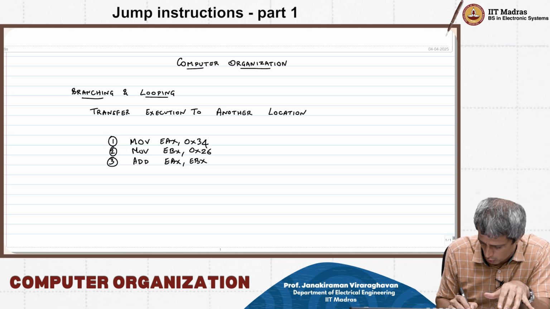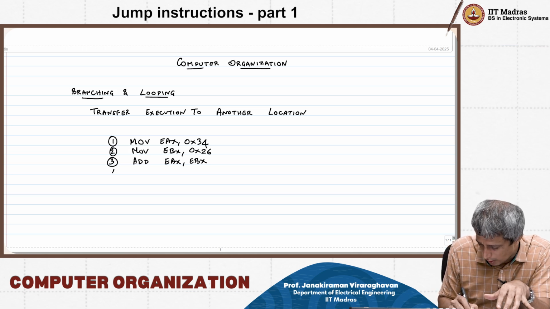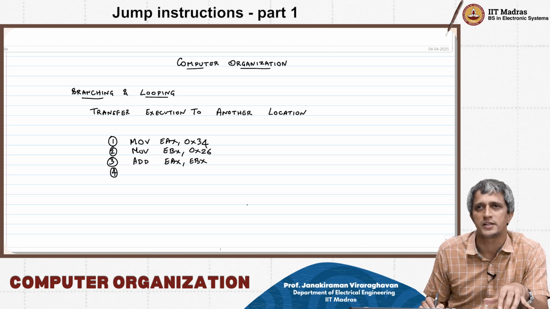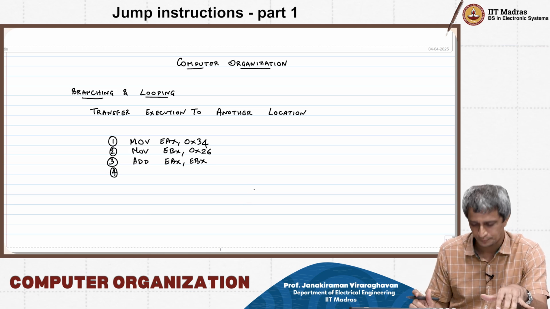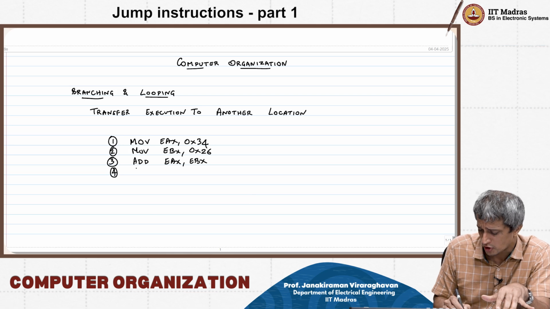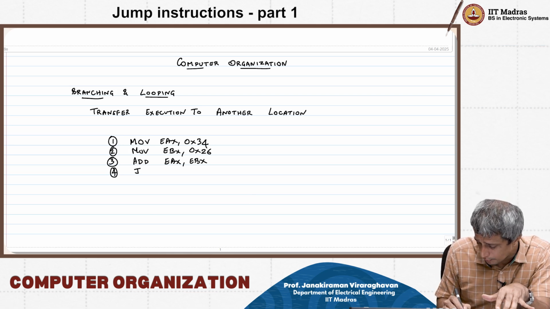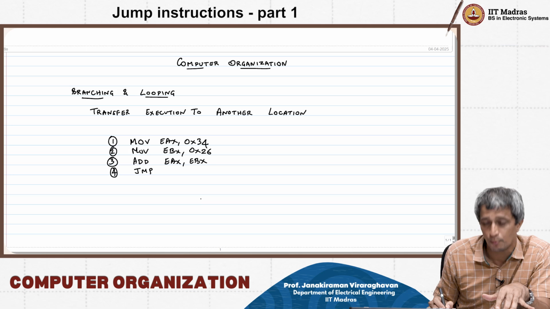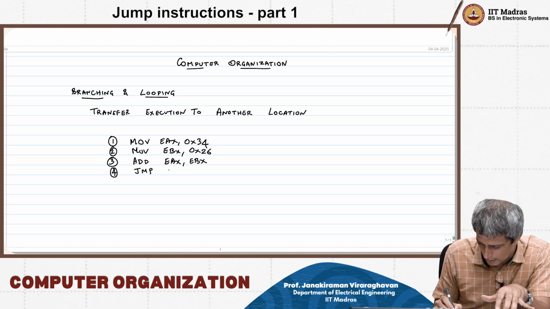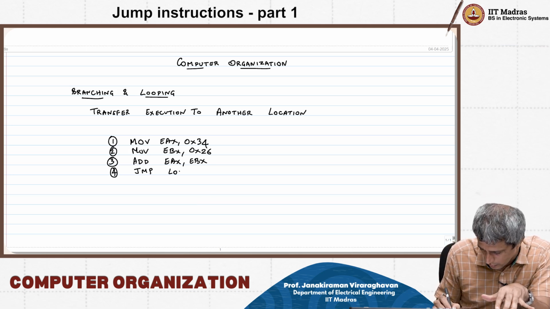Normally the program would have simply continued in memory to the fourth instruction, as shown here. Now, this instruction could be something like this: JMP to some other location.